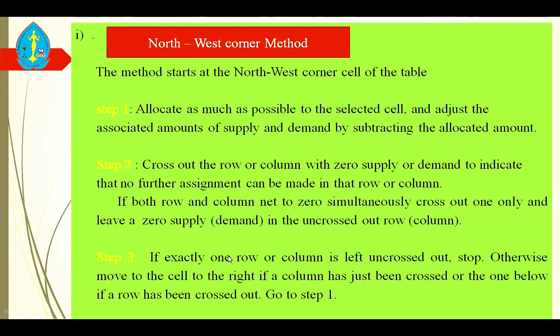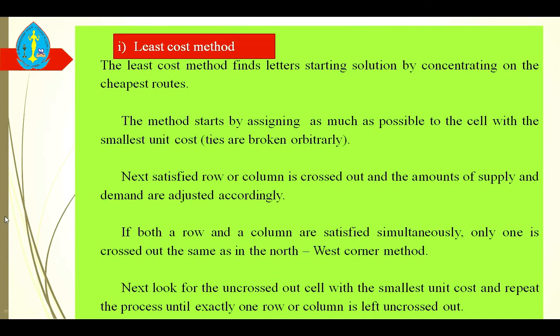If exactly one row or column is left uncrossed out, stop. Otherwise, move to the cell to the right if the column has just been crossed and the one below if the row has been crossed. Go to step 1. So, we repeat the steps until we get a basic feasible solution.